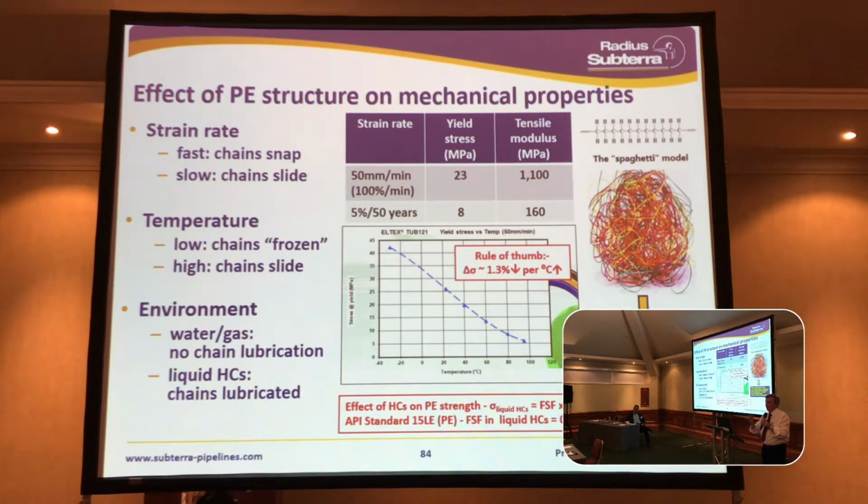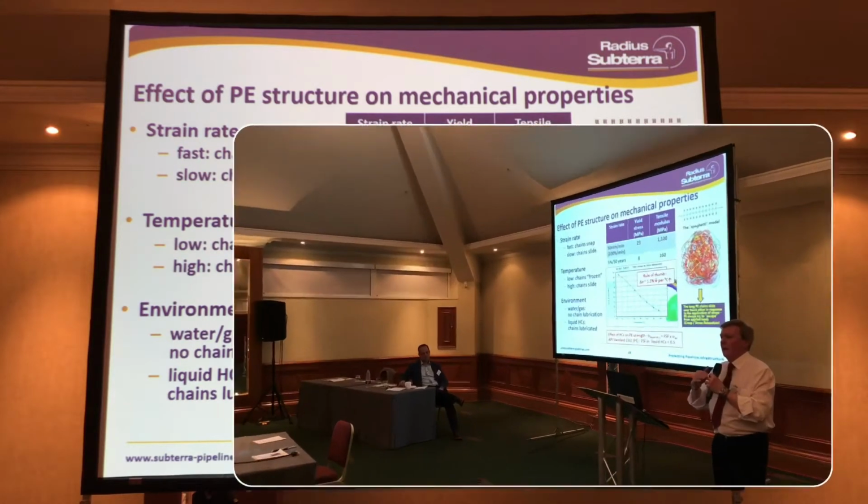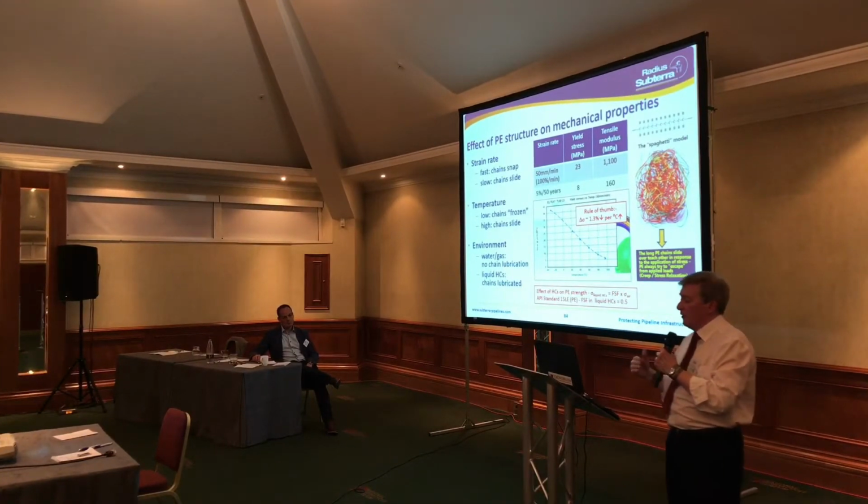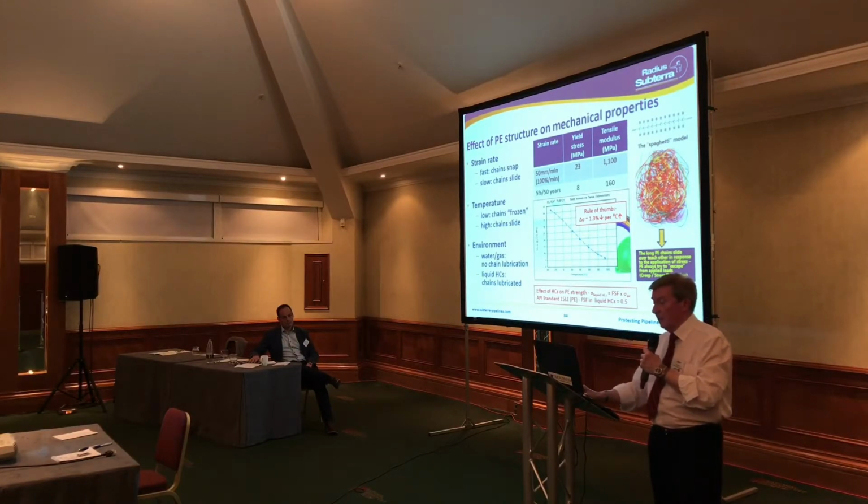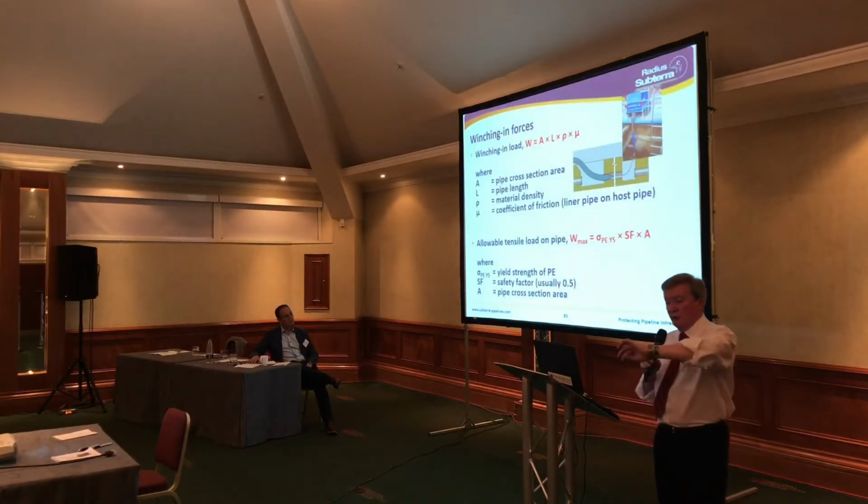And the environment itself can have an effect. Utility water and utility gas don't affect it, but if you're considering using it for oil industry applications like crude oil, the hydrocarbons can actually enter the structure and basically lubricate the molecules, allow them to slide over each other, and you get, again, a different characteristic strength.